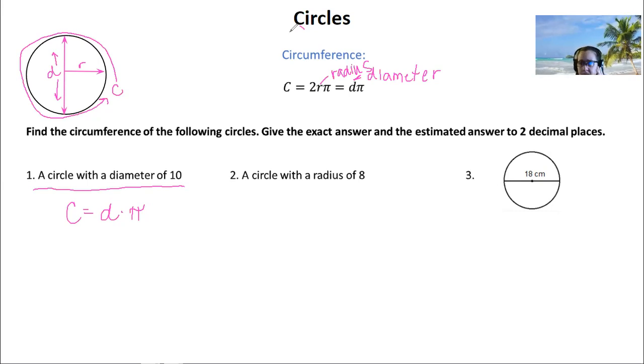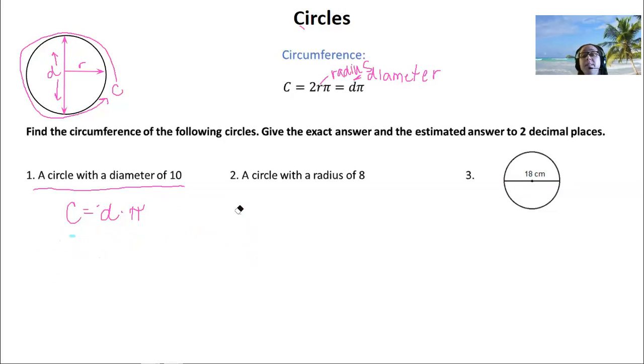Every time you divide the circumference by the diameter, you should get pi. That makes sense, right? Because if I solved this for pi, according to this formula, pi is equal to the circumference divided by the diameter. And that is what you will get every single time.